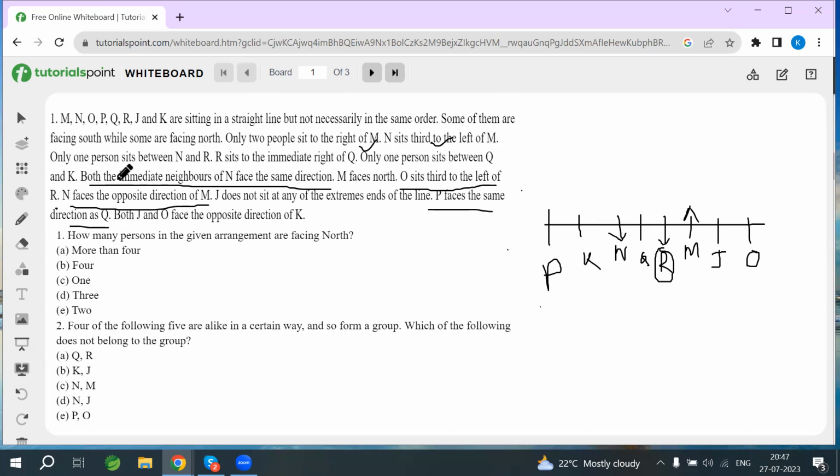Both the immediate neighbors of N face the same direction, it's done. M faces north, it's done. O sits third to the left of R. N faces the opposite direction of M. J does not sit at any of the extreme ends, that's also done. P faces the same direction as Q. Both J and O face the opposite direction of K.